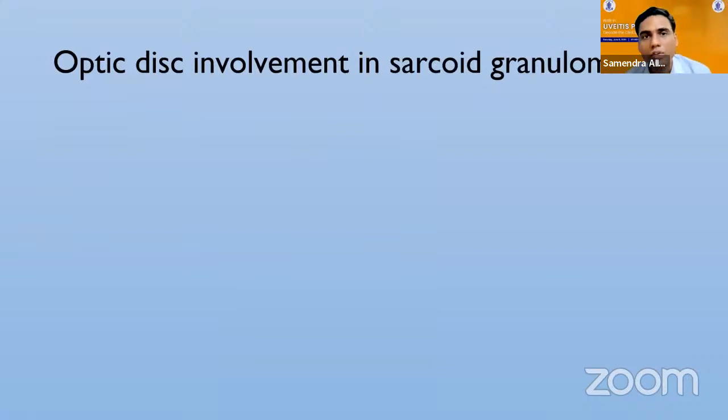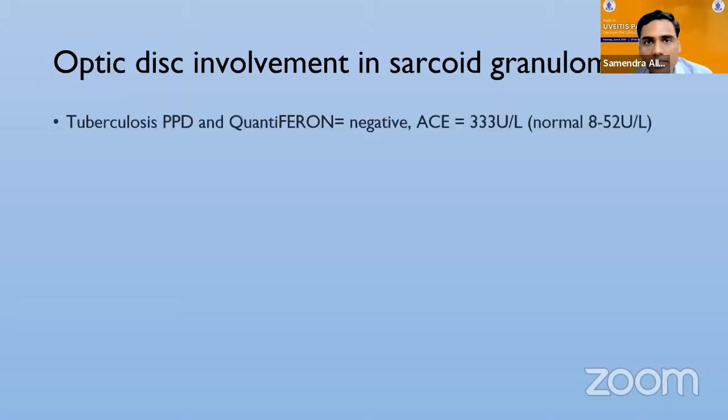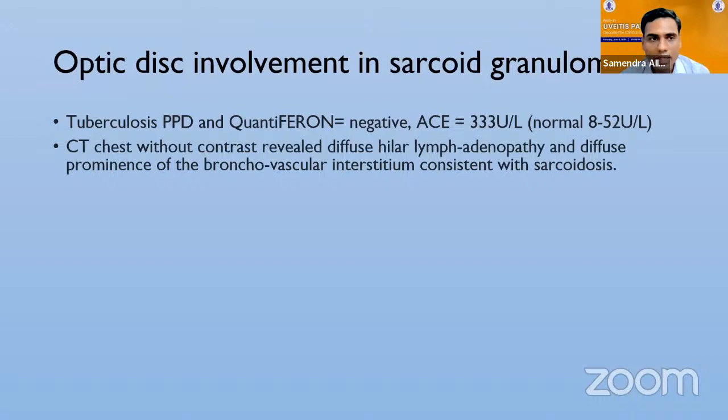Now, this was a case of sarcoid uveitis, and optic disc involvement in this case presented as a choroidal sarcoid granuloma, which was compressing the optic nerve head. So here, the workup for TB was negative. ACE was, however, very high.